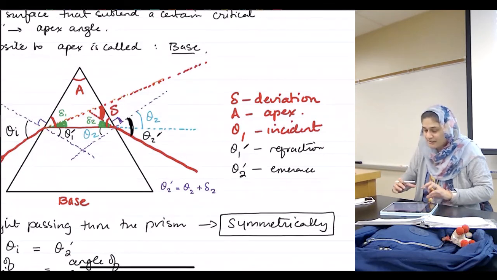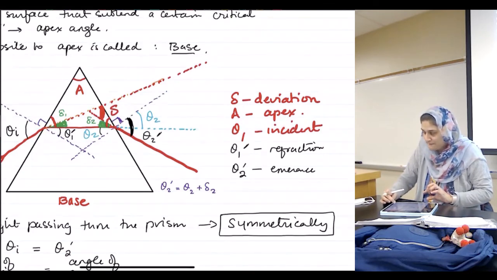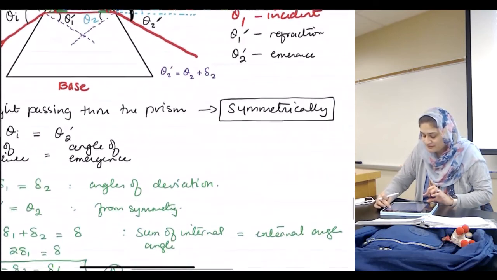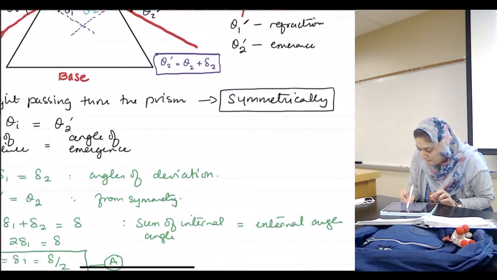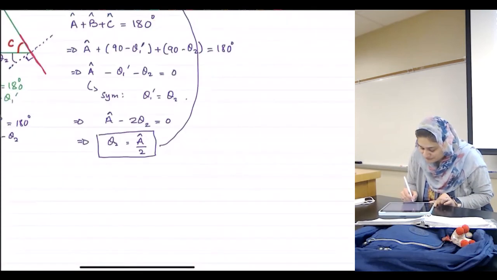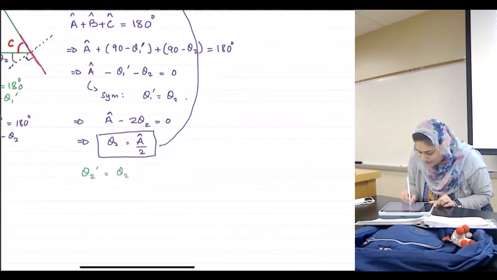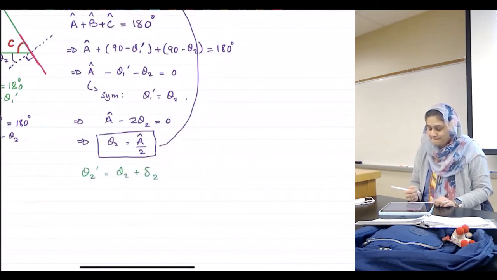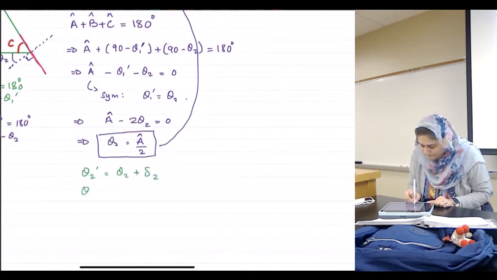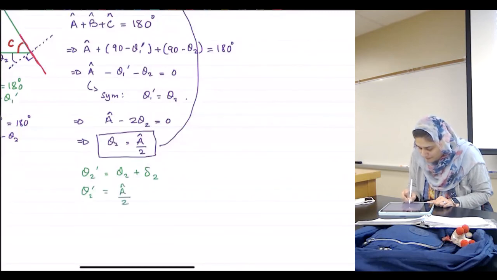So I'm going to come back down here. Got it? Everybody ready? I'm just going to rewrite this again. Theta 2 prime equals theta 2 plus delta 2. Yeah? What was theta 2? And what was delta 2?